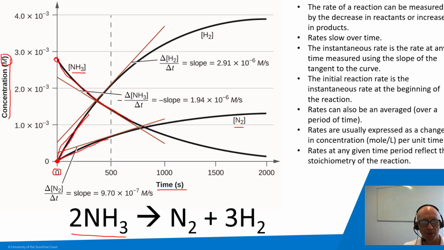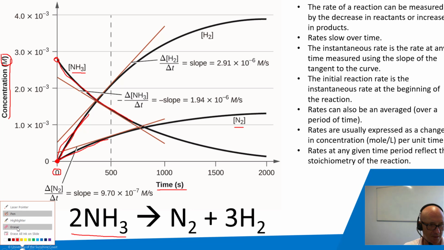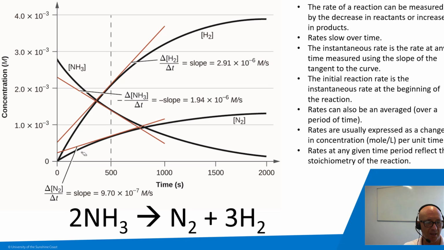If we look at ammonia here as it's going down, for this example, they've chosen this 500-second mark as the arbitrary time point. So they've drawn a tangent to the curve at that point.